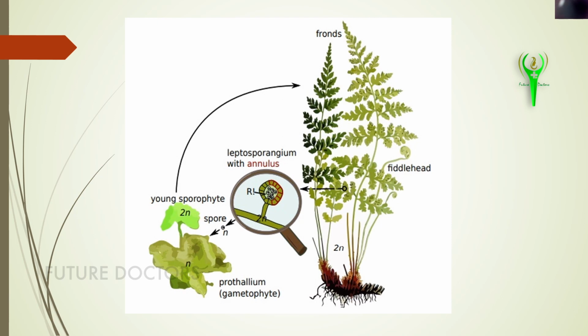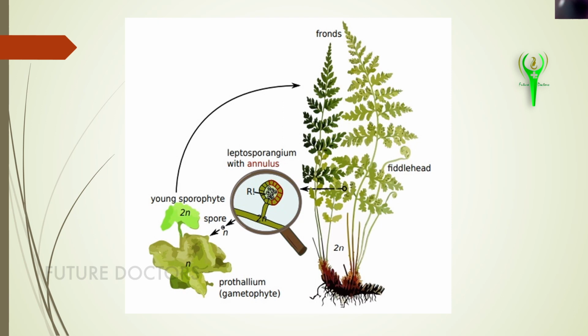Microspores germinate and give rise to male gametophytes, and megaspores to female gametophytes. The female gametophyte in these plants is retained on the parent sporophyte for variable periods. The female gametophyte depends on food stored in the megaspores.